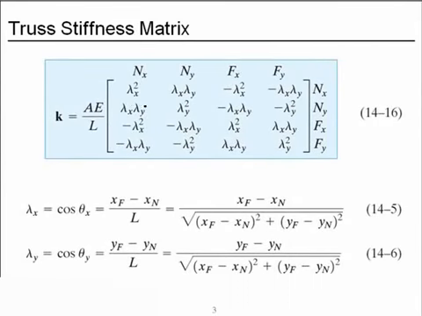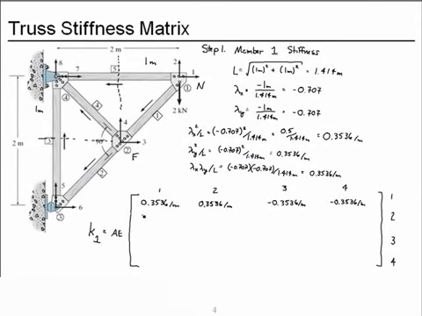Our second row, lambda x times lambda y, squared, minus lambda x lambda y, minus lambda y squared, which gives us 0.3536 per meter, 0.3536 per meter, a minus 0.3536 per meter, and minus lambda y squared, so a minus 0.3536 per meter.